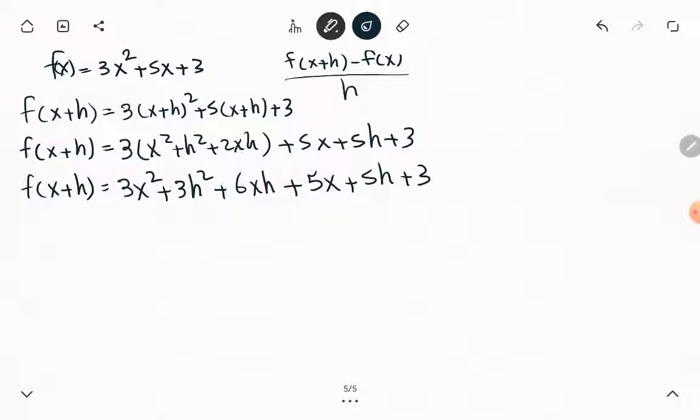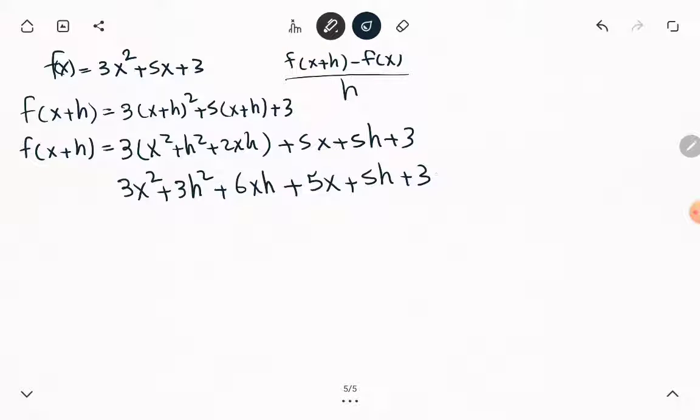Now we can plug in f of x plus h and f of x into the difference quotient formula. So f of x plus h is simply this, so just put it there. On top, for the sake of simplicity, because I don't have enough space, let me just use whatever I have here on hand.